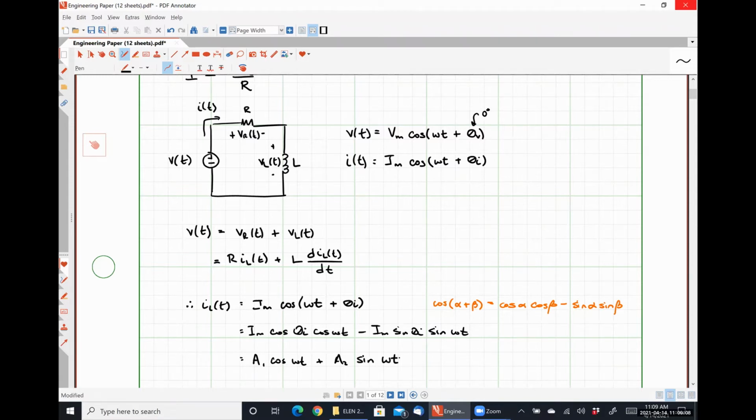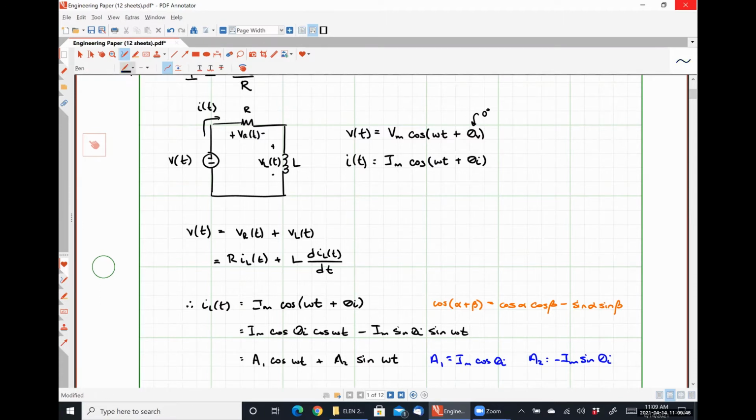So I've effectively just deconstructed this from a single sinusoid to the sum of sinusoids. And I want to be clear here. A1 is Im cosine theta I, and A2 is negative Im sine theta I, because we're going to have to use those results to circle back around to our answer that's of the correct form.